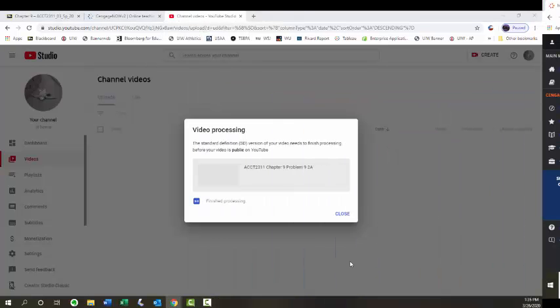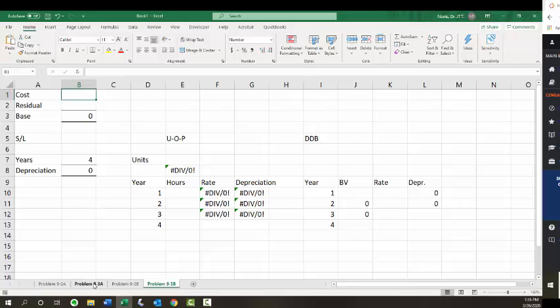Okay, so problem 9-3A. And in this one, we've got 270,000 in a piece of equipment. The equipment was expected to have a useful life of 3 years or 18,000 operating hours and a residual value of $9,000.